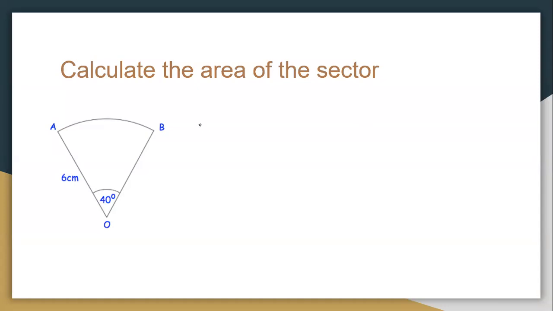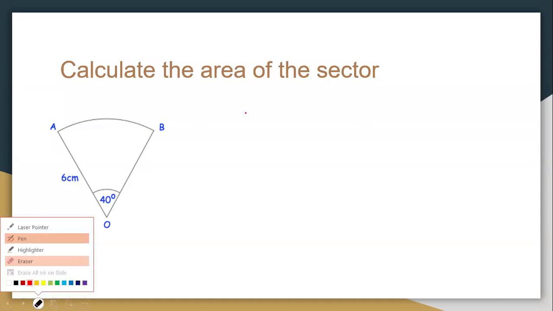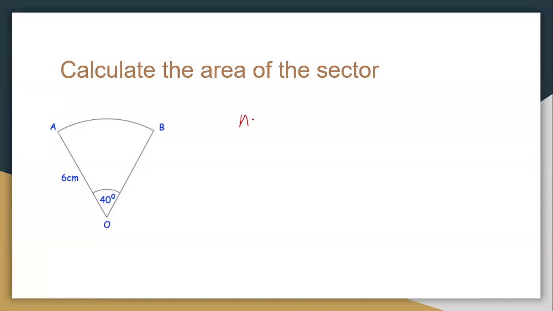Now, in order for us to obtain the answer, we shall say that our area is equal always to the angle divided by 360, then times pi r squared. Now, here you need to ask yourself, what is the angle? The angle that was given to us was 40 degrees.